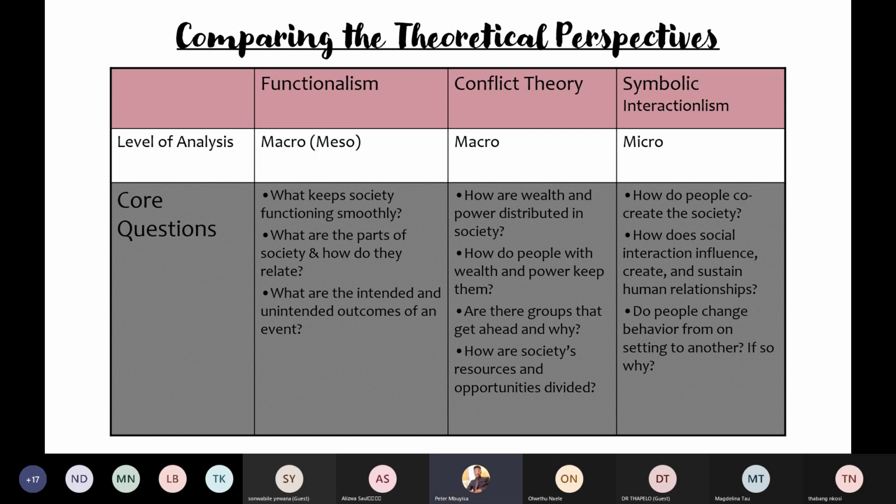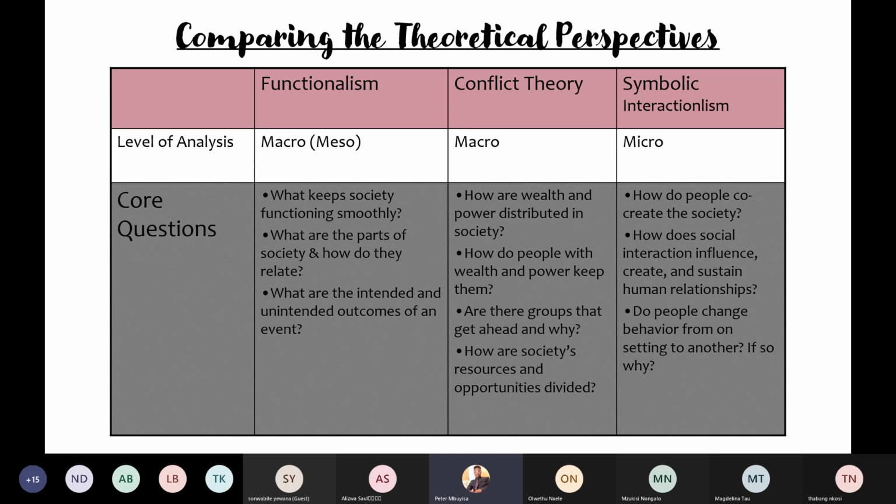You'll notice that the other two perspectives were looking at general society, at what influence they have in explaining how general society works. And you notice that we are not looking at individuals in those two perspectives.